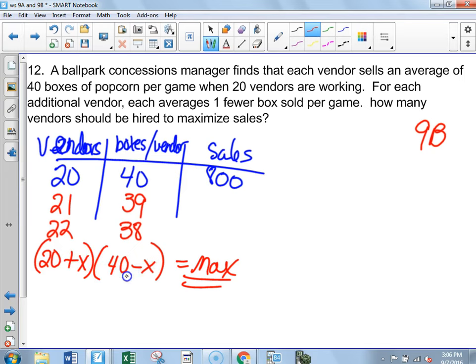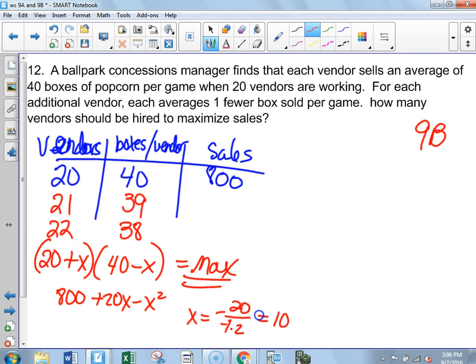Claire, if you wanted to do it algebraically, you could FOIL it together, and then use negative b over 2a. Negative 20 over 2a would be negative 1 times 2, right?